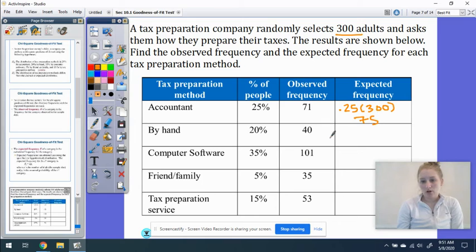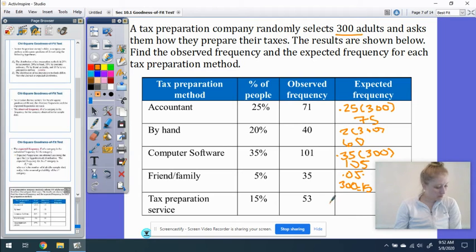Let's go ahead and do that for all of them. 0.2 times 300, and we'll get 60. 0.35 times 300, and we'll get 105. 0.05 times 300, and we're going to get 15. And last but not least, 0.15 times 300, which is 45.